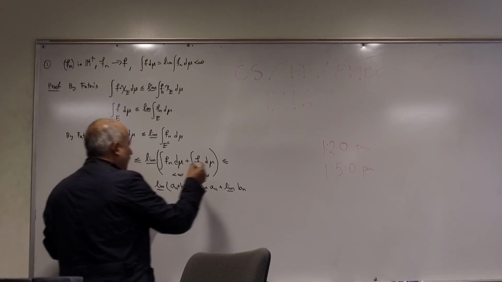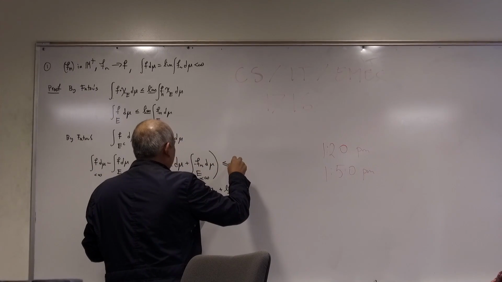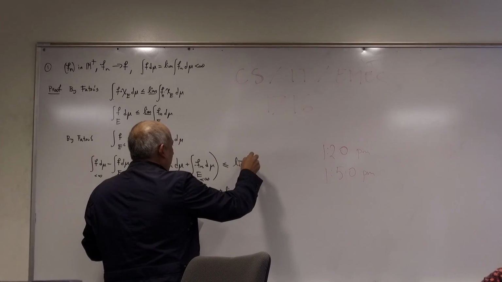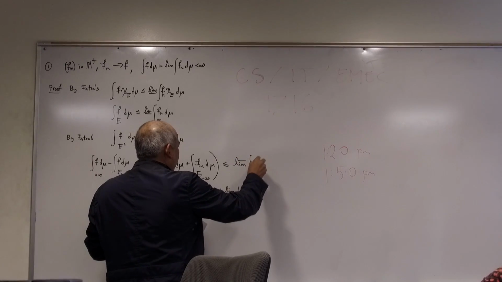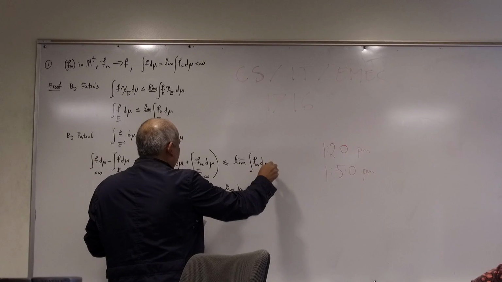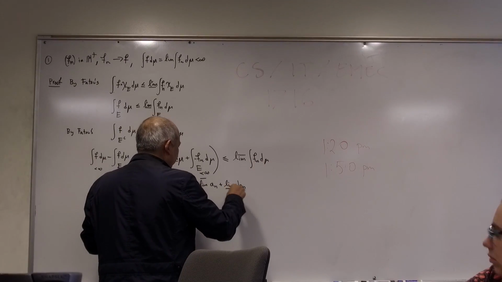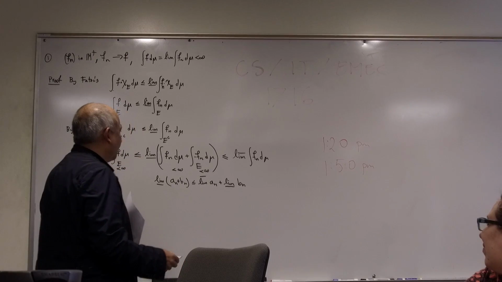So therefore, this is less than or equal than the lim sup of the integral of f n d mu. Or it's even less than or equal than the lim sup. No, wait, that's good.